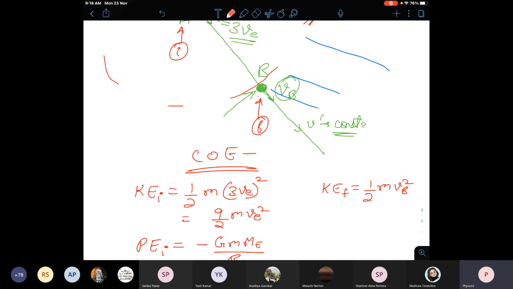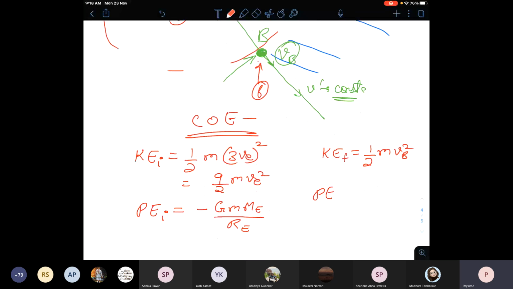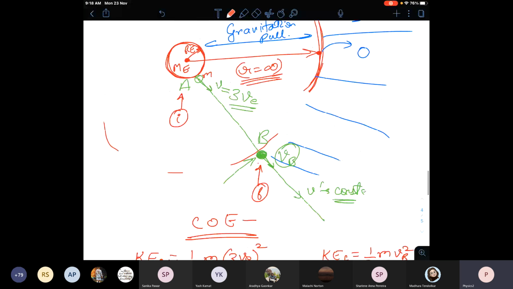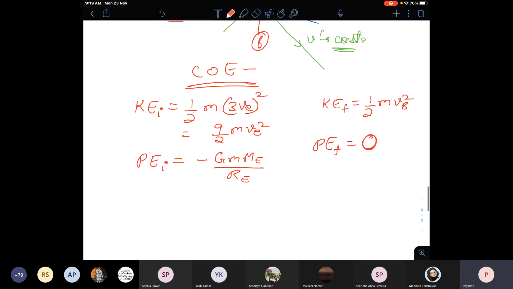And the final potential energy will be 0. I already told you that whenever your distance r becomes infinity, your potential energy becomes 0.